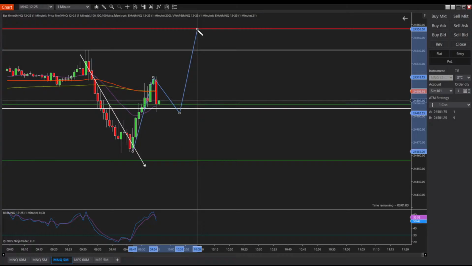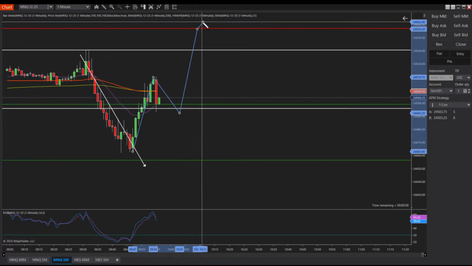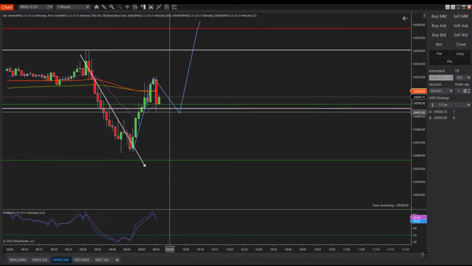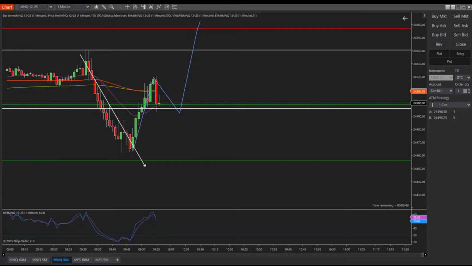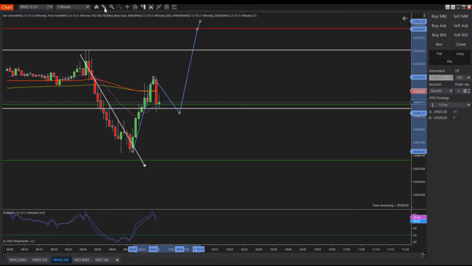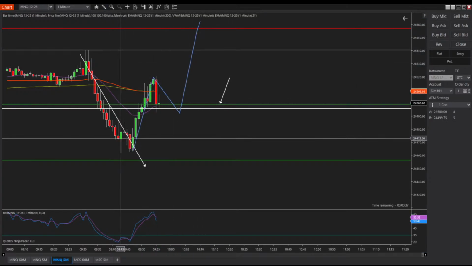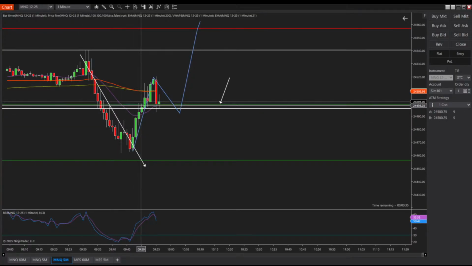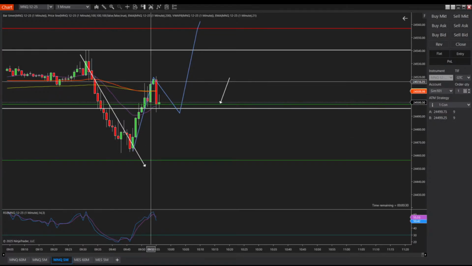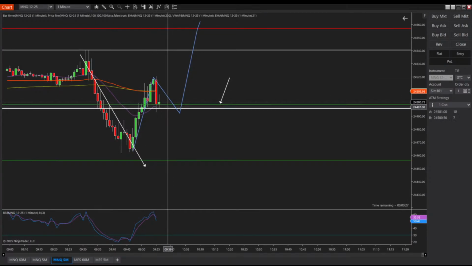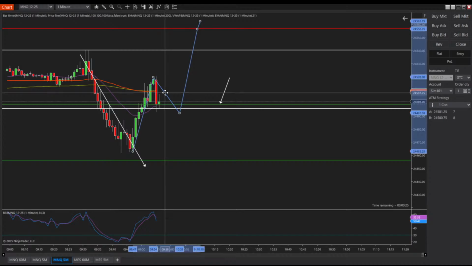Okay. There's that pullback, and we have a strong buying candle here. We may look for some longs. Just depends, right? This hourly support right here is going to tell us everything. If we broke below it and then the pullback and retest failed, then if we break above it and the pullback and retest succeeds, then we know we're going up.